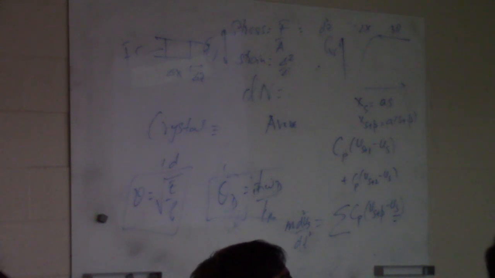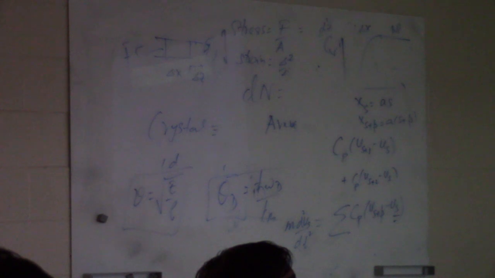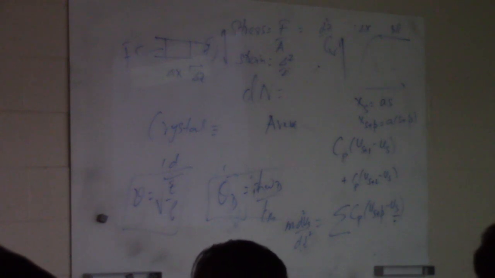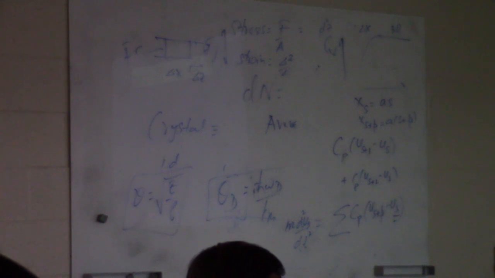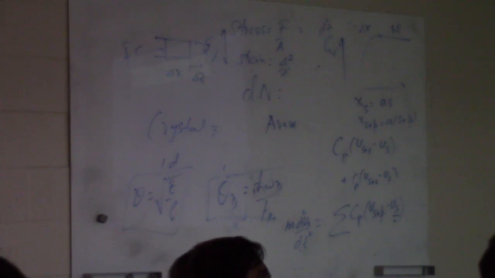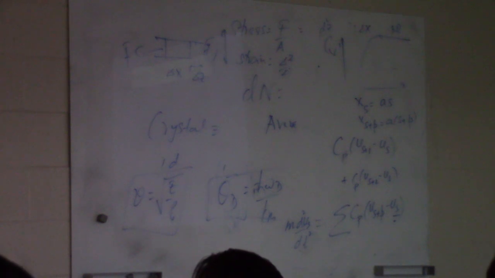So here I just wrote 1 minus cos means 2 sine squared half, right? Remember this one: cosine 2x is 1 minus 2 sine squared x. So that means 1 minus cosine 2x means 2 sine squared of half of this one, right?